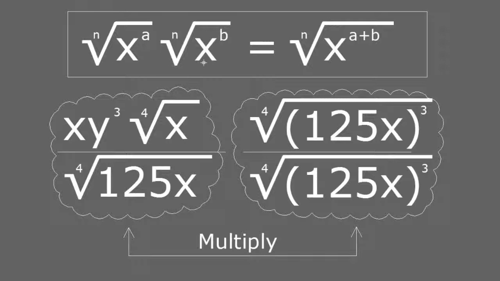The result of that multiplication is going to be a root with the same grade as the other roots that I had before, with the same radicand, and the new exponent is going to be the addition of both exponents. The addition of this exponent, which is 1, and this exponent, which is 3.